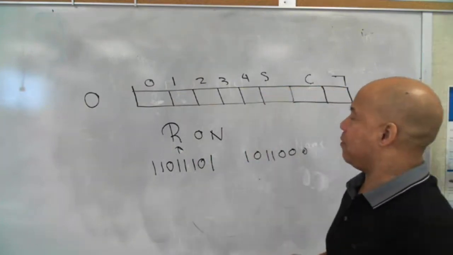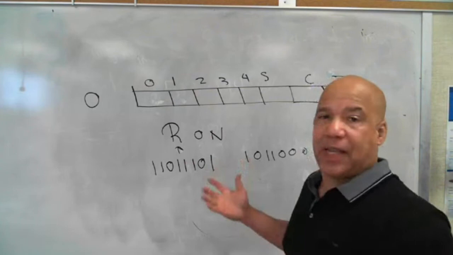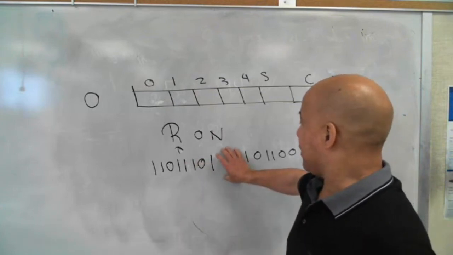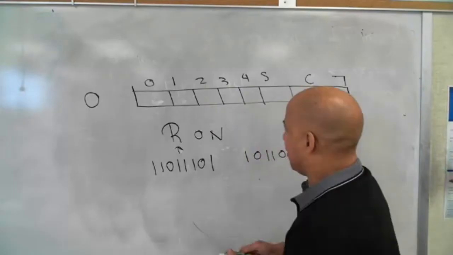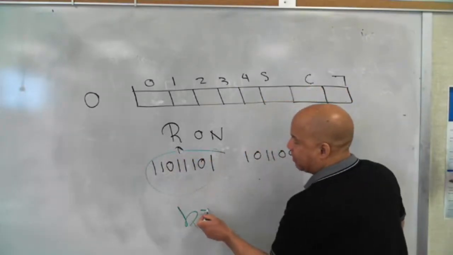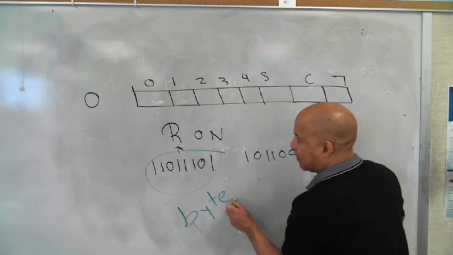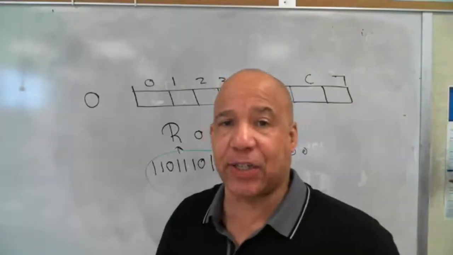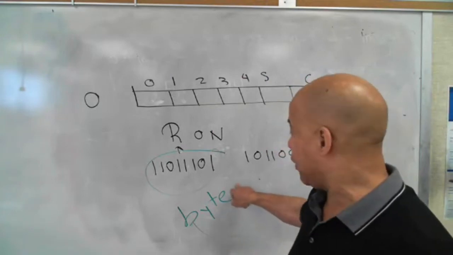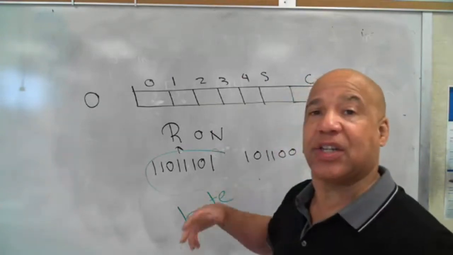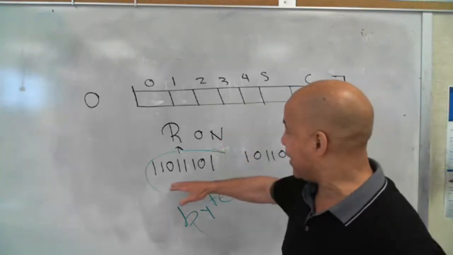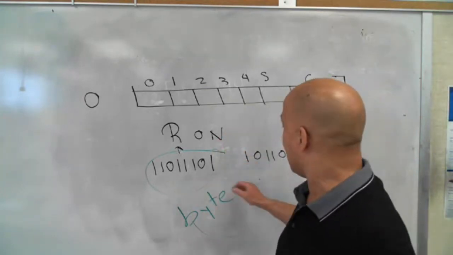And if you were to open up memory, let's say you can see inside of your digital device, the smallest chunk of information you can access is 8 bits, which is called a byte. So most digital devices are byte oriented, which means the smallest chunk of information you can actually access, we say it's atomic, the smallest atomic piece of information you can access is a byte, 8 bits.